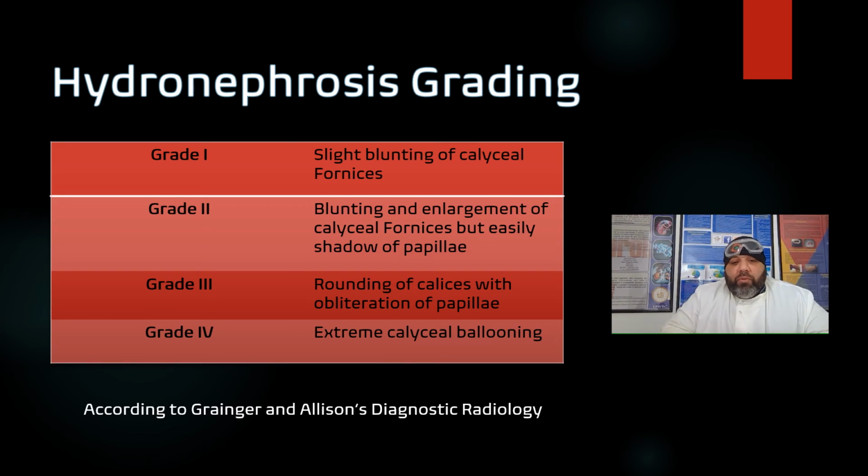So according to Granger and Allison's diagnostic radiology, hydronephrosis has several gradings, grading 1 to 4. Grade 1, for example, there can be slight blunting of calyces.